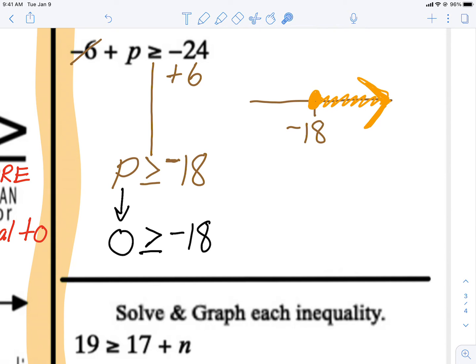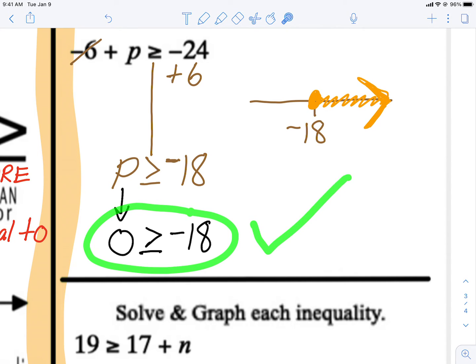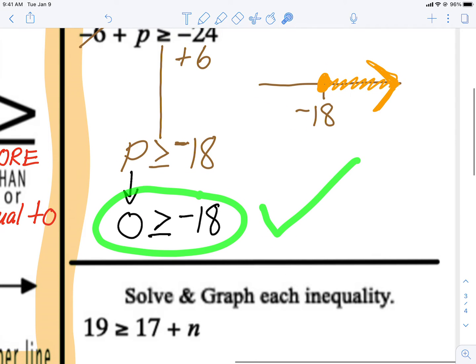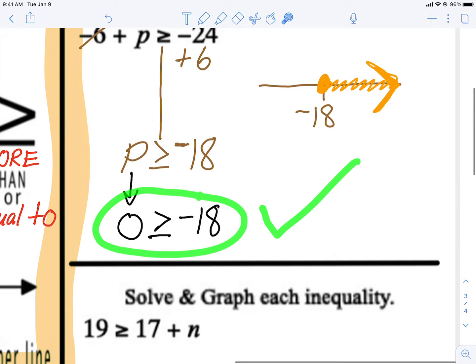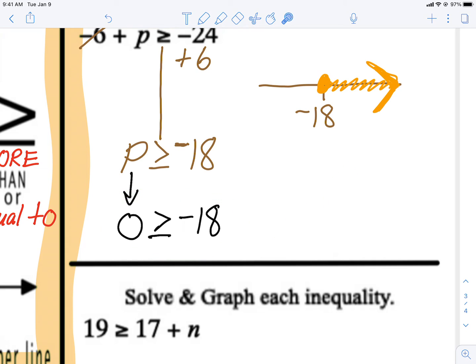Is this true? Is 0 bigger than or greater than or equal to negative 18? Yes, it is. 0 is bigger than negative 18. See? So any number that you pick that's bigger than negative 18 will make this statement true.